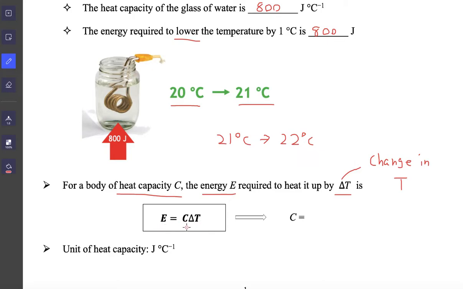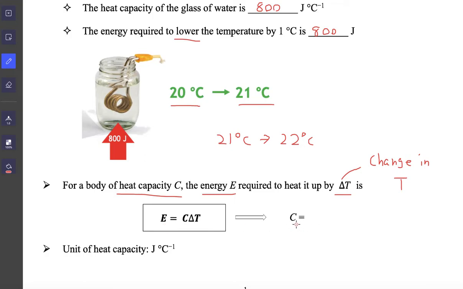To raise it up by T degrees Celsius, let's say it's unknown, then it's E equals C delta T. So a greater change in temperature, then a greater amount of energy is required.